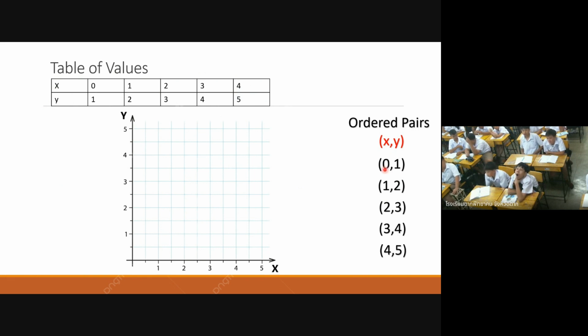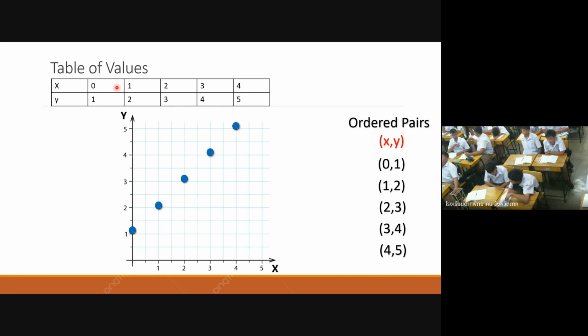Plot. We're going to put this point into the coordinate plane. So 0, 1. Where is 0, 1? You're going to plot the points. Again, you call this plot. So 1, comma 2, 2, comma 3, 3, comma 4, and then 4, comma 5.